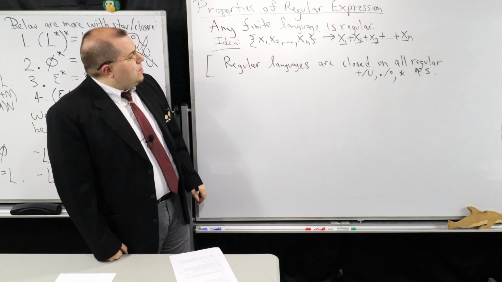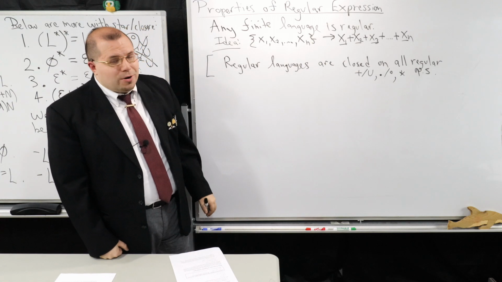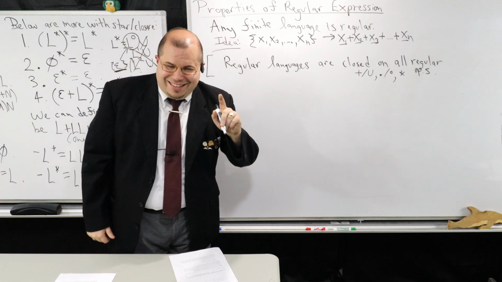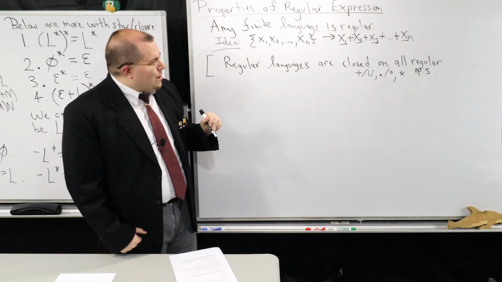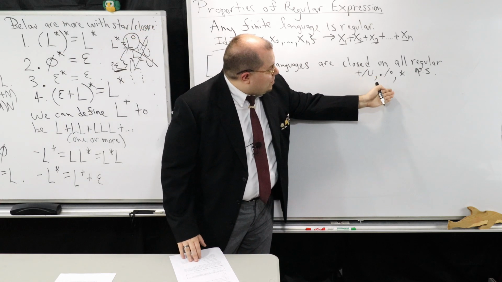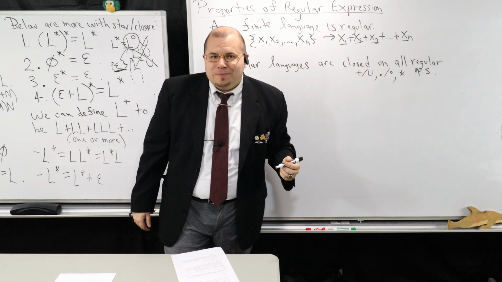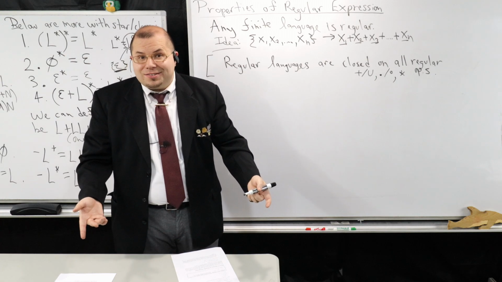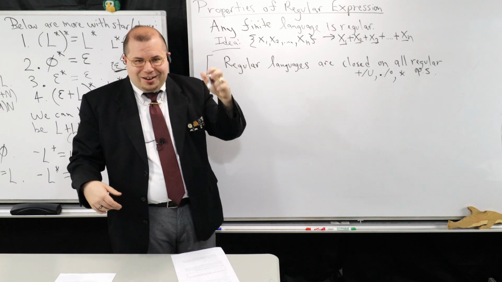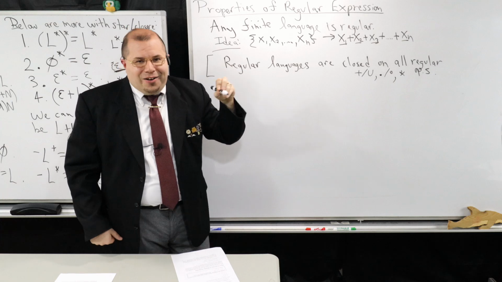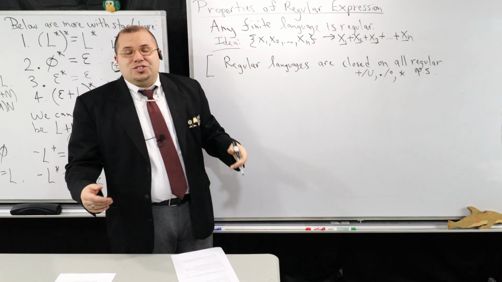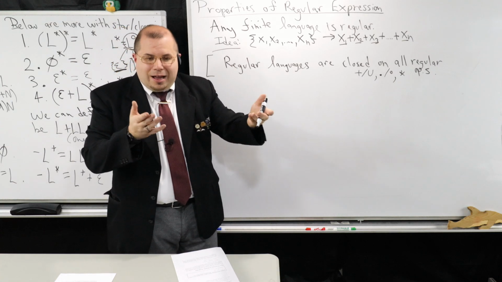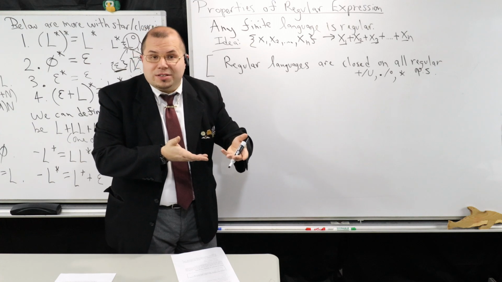So the way you could prove the closure on any one of these properties is basically this. Each one of these has an operator as a regular expression. We have ways of describing regular languages using regular expressions. Remember, I use a capital symbol, like L or F, and I could describe that as a regular expression.